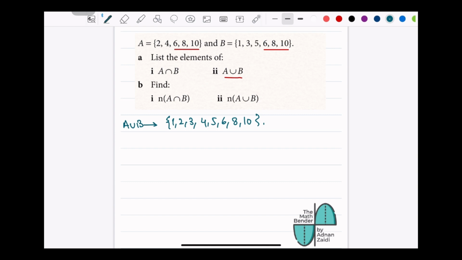Now, how do you represent it on a diagram?